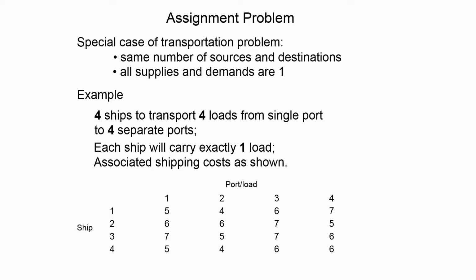As I said, the assignment problem is a special case of the transportation problem. However, it has the same number of sources and destinations, and all the supplies and demands, the capacities and the demand, are 1. Here's an example: 4 ships to transport 4 loads from a single port to 4 separate ports.